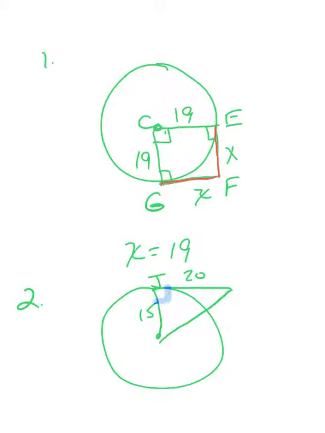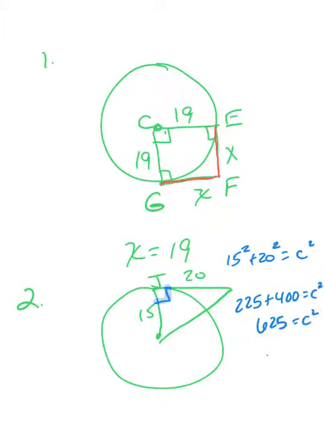How do I find the other side of a right triangle? A squared plus B squared equals C squared. So it's 15 squared plus 20 squared equals C squared. 225 plus 400 equals C squared. 625 equals C squared. C equals 25. So we just found that.